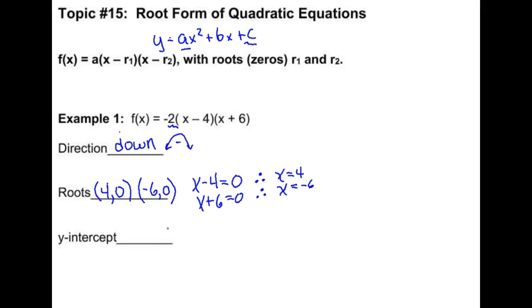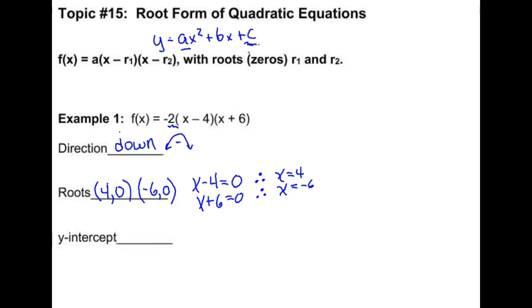All right. Now we go on and we have to figure out the y-intercept. The y-intercept in the standard form of the equation is told to us, which is c. In this one, we're not given a c, so we have to calculate it. In the standard form of the equation, we had to do the calculations and we were coming up with all those nasty fractions.